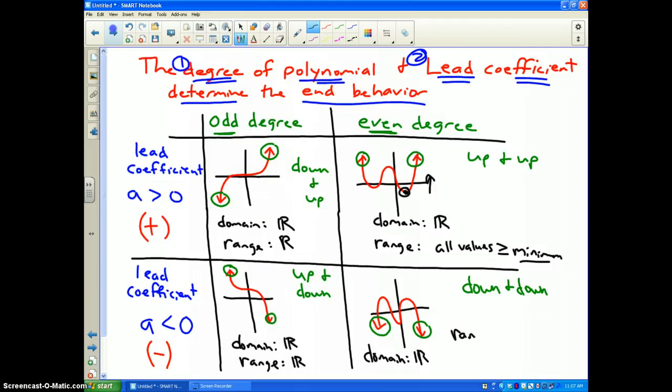However, now your range is going to be all values less than or equal to the maximum. For instance, right here where my x is would be the maximum value, and all numbers are below that for your range. So now, if you need to pause the video, please do, because then I'll look at two examples real briefly and we'll be done with end behavior.